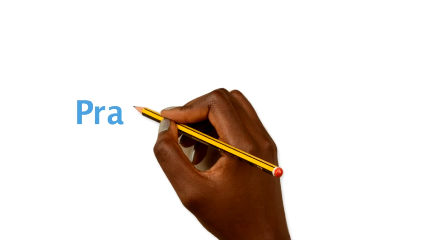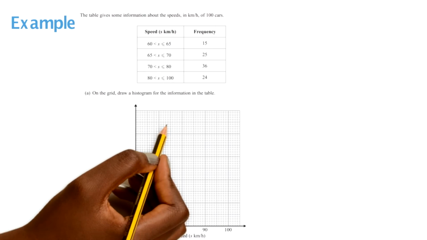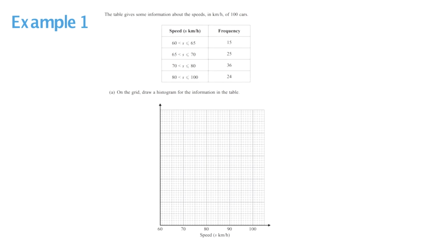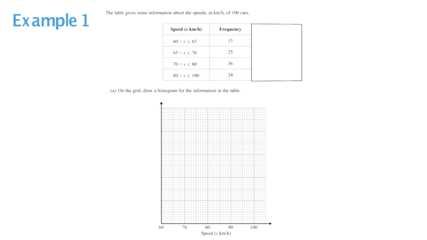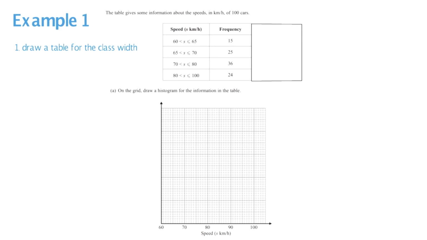So now we're going to head on into some practice questions. Example 1. In this question, it's given us speed and frequency. Speed is represented as class widths, and it wants us to draw the histogram. The first step is you always draw a table next to the tables of your class width.